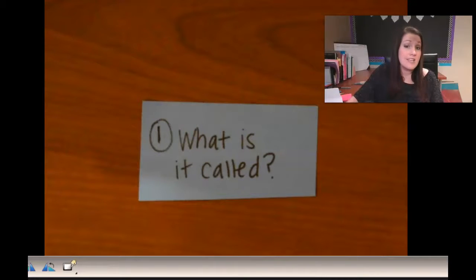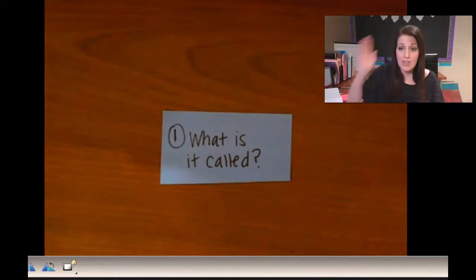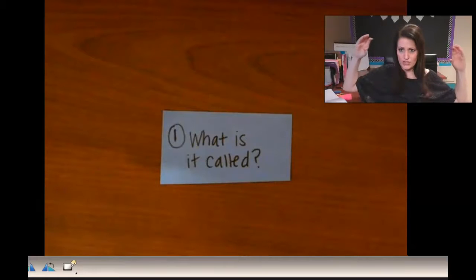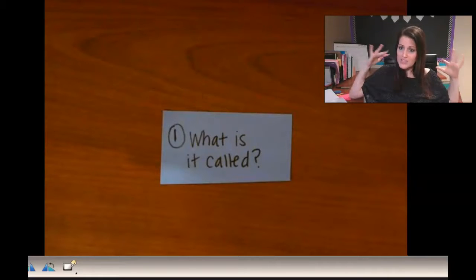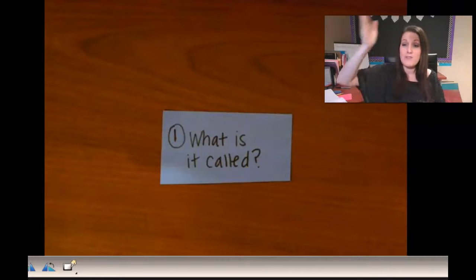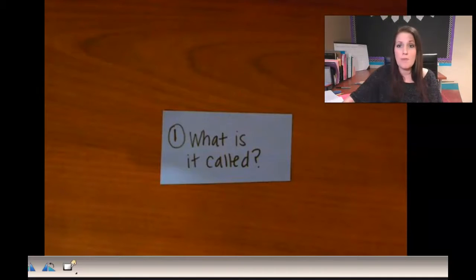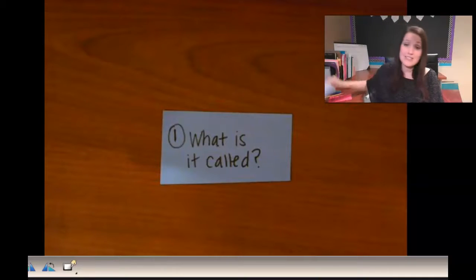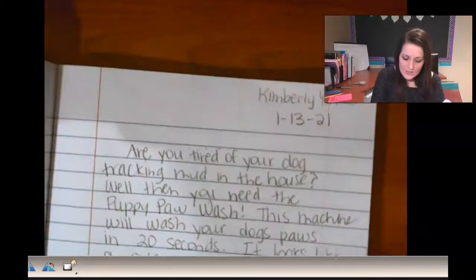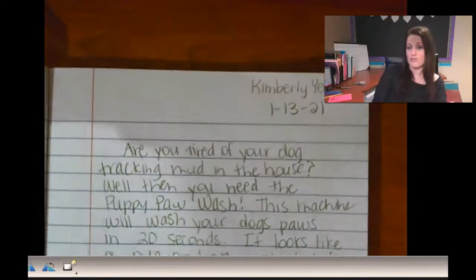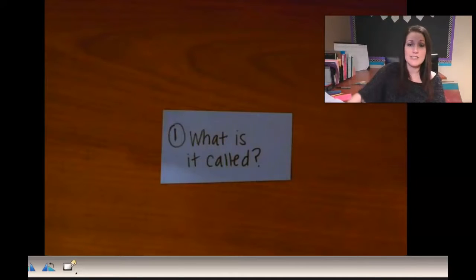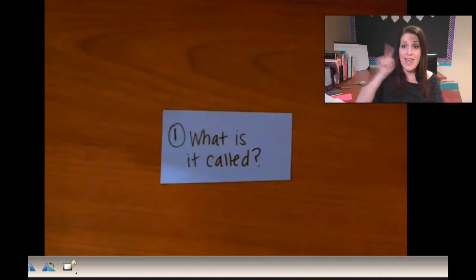Remember, since it is a name, it needs to have capital letters, not all caps, so that you're yelling at Puppy Paw Wash. No, just uppercase P for Puppy, P for Paw, and W for Wash. So pause this, come up with one sentence. My sentence had been, well, then you need the Puppy Paw Wash. Very short and sweet. So pause it right now.